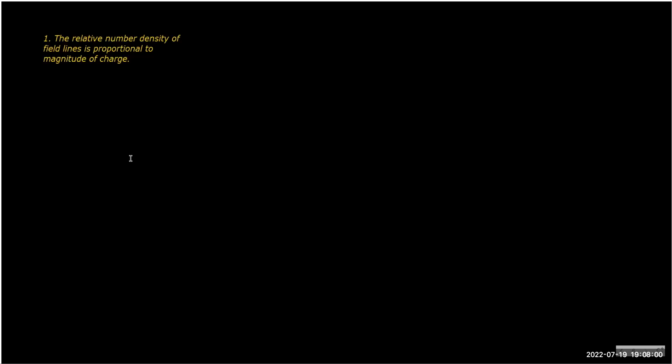So the relative number density of field lines is proportional to the magnitude of charge, and mathematically, now this is most important, we say the relative number density of field lines is equal to charge divided by epsilon naught, which simply means a charge Q is capable of emanating these many field lines in the radially outward direction.